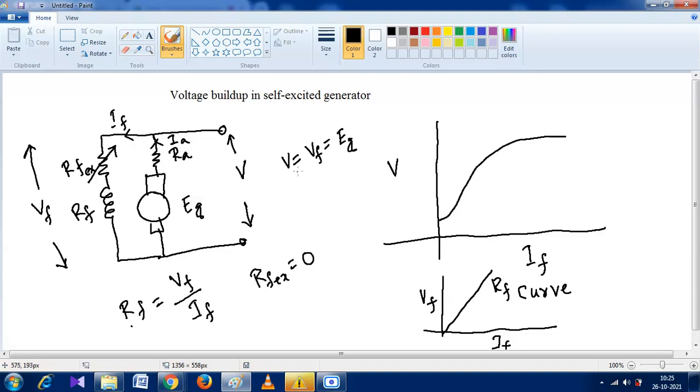So the terminal voltage, the voltage across the field, and the generated voltage are nearly equal.